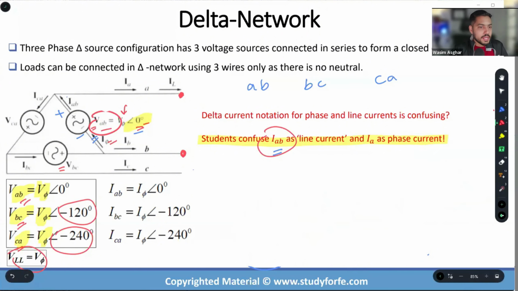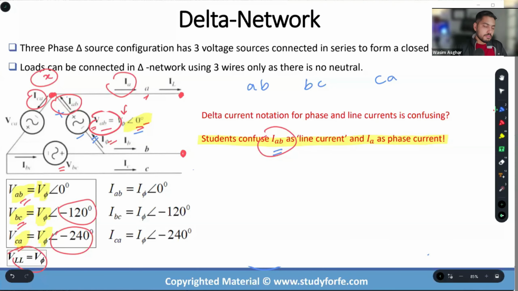If I do a simple KCL at this particular point, for example, I see that the current IAB is entering this point. Let's just call this point X, which is basically our terminal A. We have IAB that is entering, and ICA and IA are leaving.